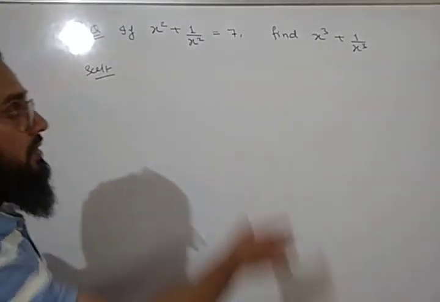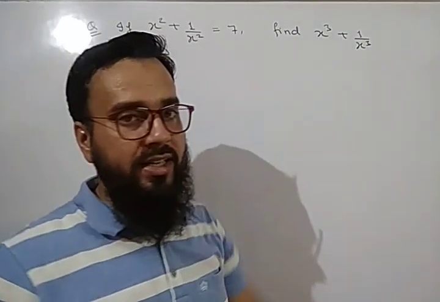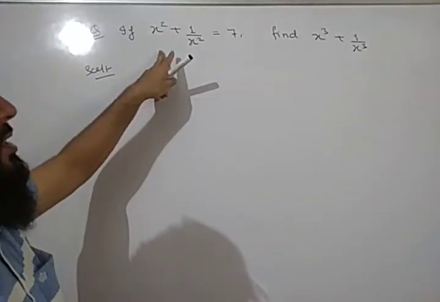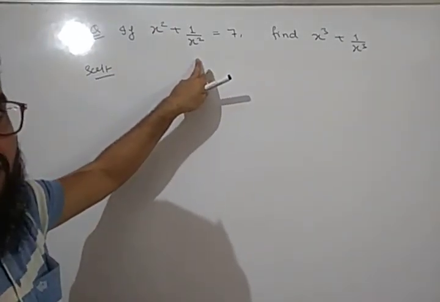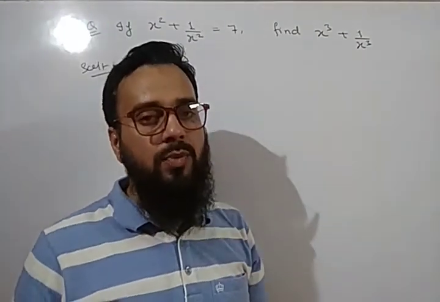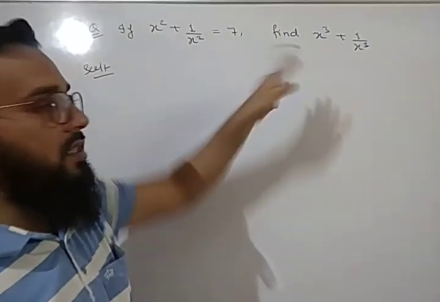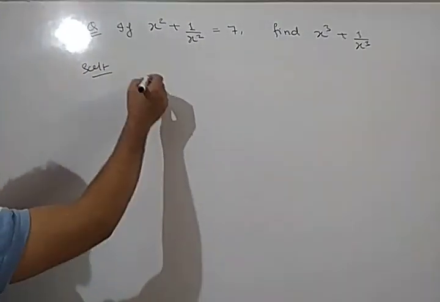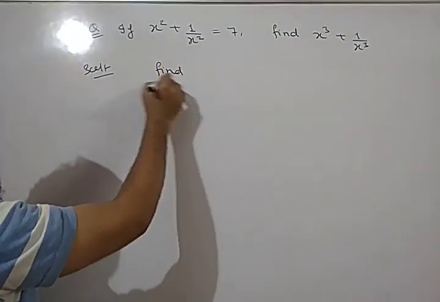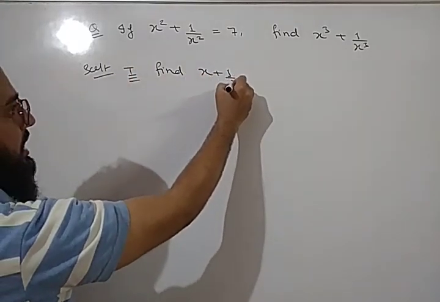So whenever it is given x square plus 1 upon x square, and we have to find x cube plus 1 upon x cube, or if it is given x square minus 1 upon x square, or x square plus 1 upon x square, and we have to find the value of x cube minus 1 upon x cube. It may be plus or minus. Whenever this question is given, then the first step is we will find x plus 1 upon x.